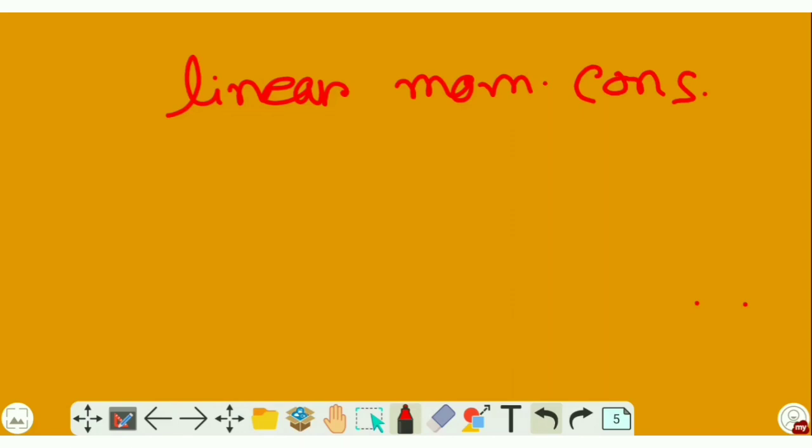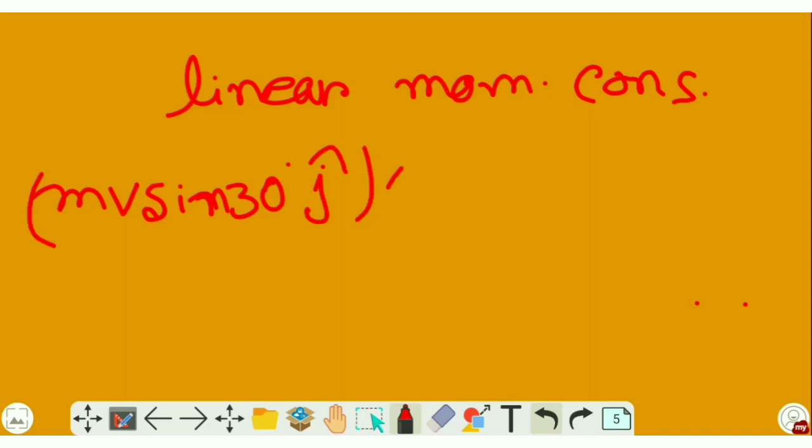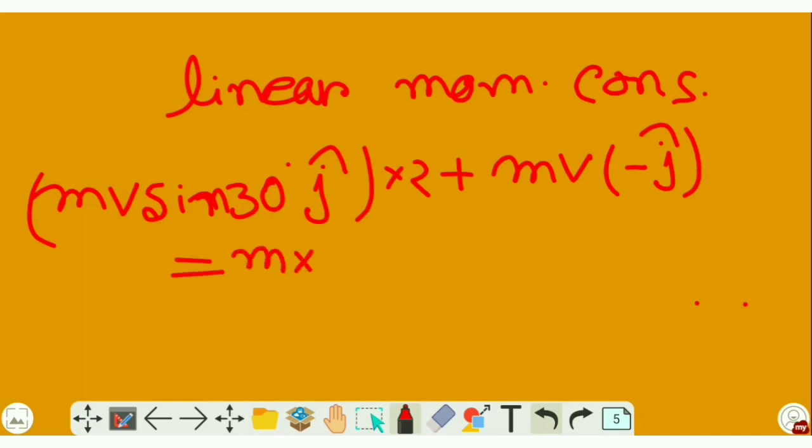Now as there is no external force present, we can write that linear momentum is conserved for this system. So m v sin 30 degrees j cap into 2 plus m v minus j cap equals m into 0, because the mass which came from A to G now has velocity 0.